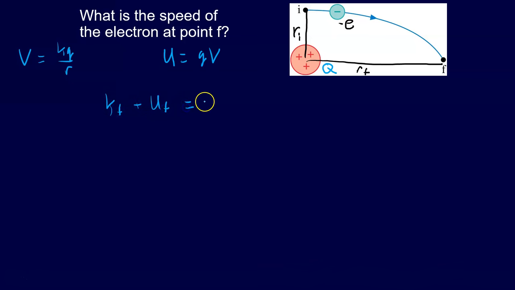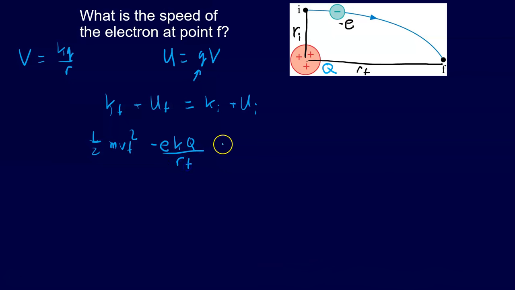I like to say final equals initial, but of course you can do it any way you want. And so here I'll set up my equation like so. So that's our good old friend, the kinetic energy. And then here, now the charge that's moving is a negative electron. So I'll put negative e, and then our equation, kQ over the distances.